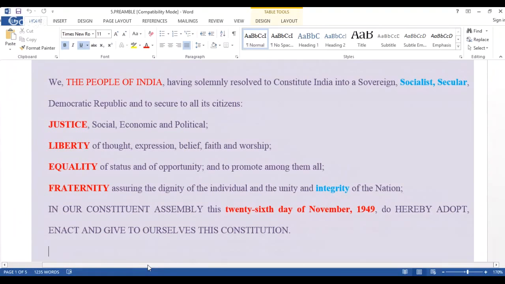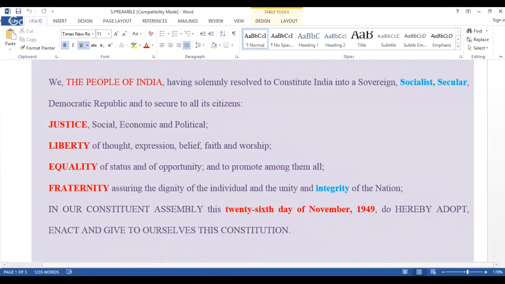If you look at certain words in the beginning, we, the people of India. What is the meaning? This Constitution was made by the people of India. Meaning, the Constituent Assembly has given complete credit to the people because they made the Constitution for the people only. In order to give strength to the people, they deliberately mentioned we, the people of India.